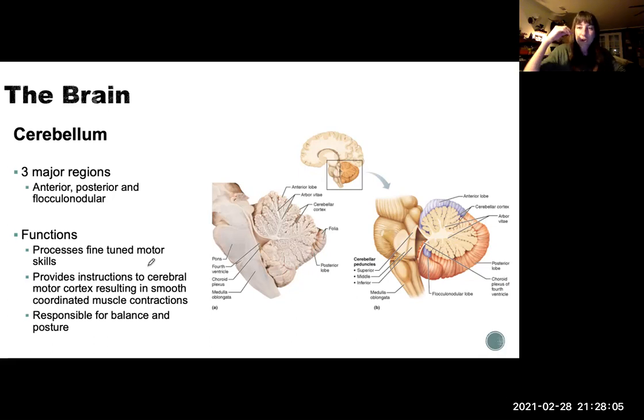So those motor impulses that are coming from the primary motor cortex and travel through the premotor cortex, right, and various other association areas before finally leaving, some of those at least will go through the cerebellum for further fine tuning. So the cerebellum is really important for balance, right? Your cerebellum is what is most affected by alcohol, right? So if you drink too much alcohol and you start to feel dizzy, it's because it's affecting your cerebellum.